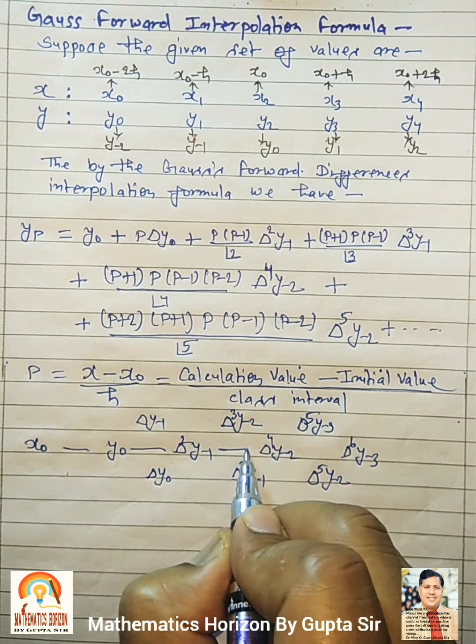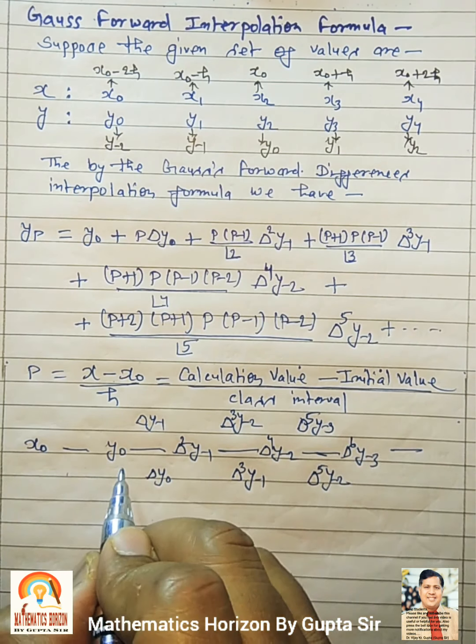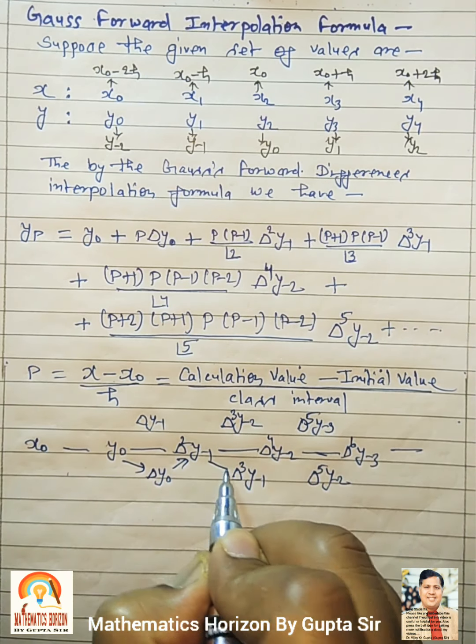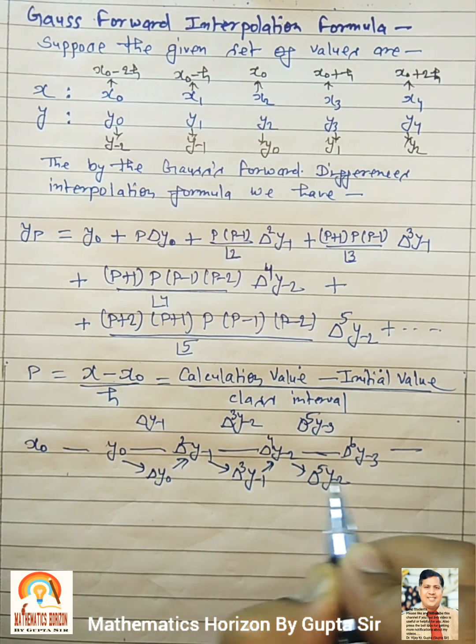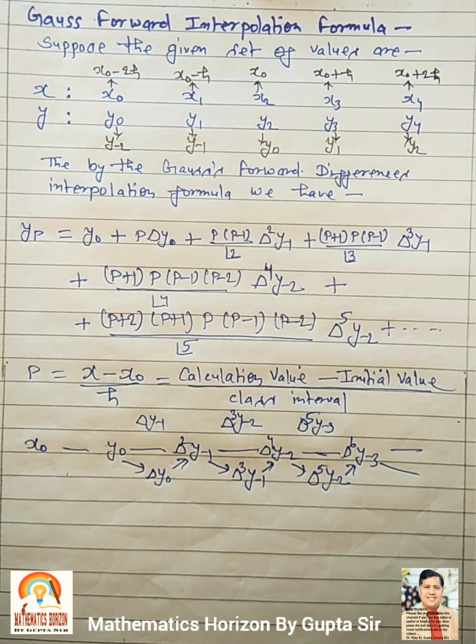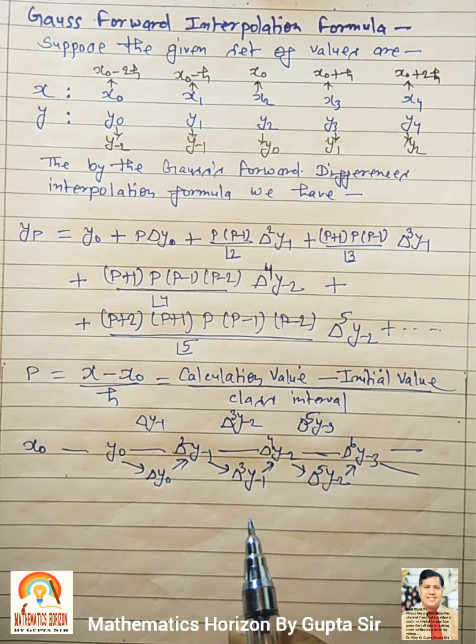This is our central line, and these are the differences which we will use in our Gauss forward interpolation formula.